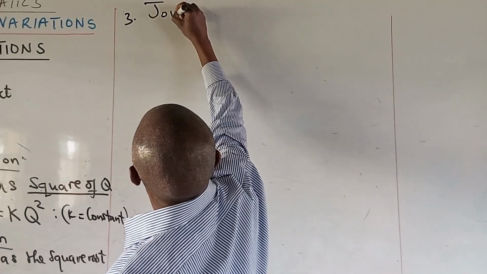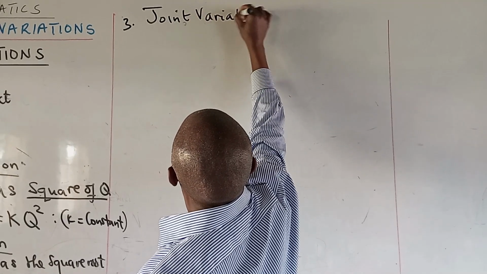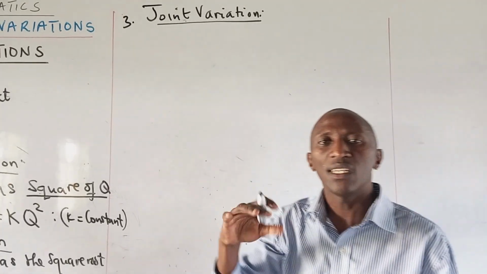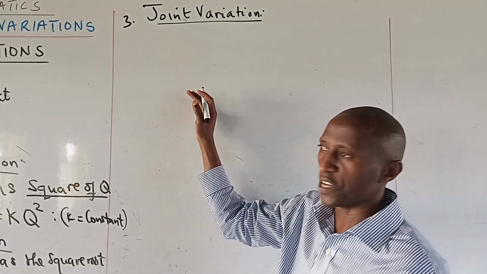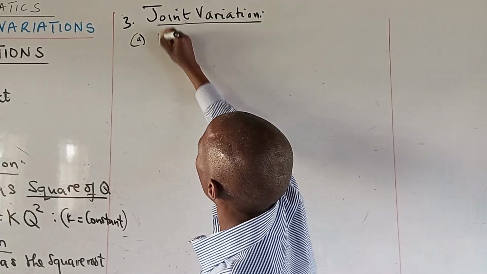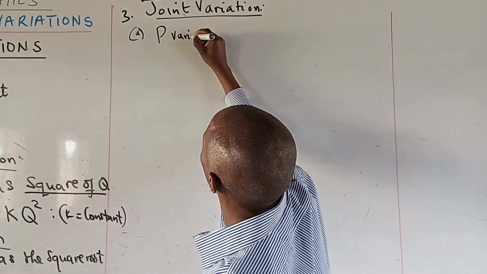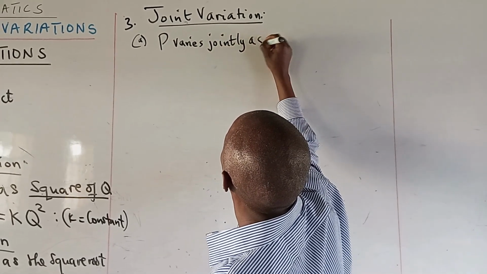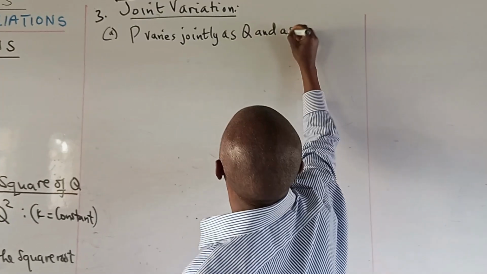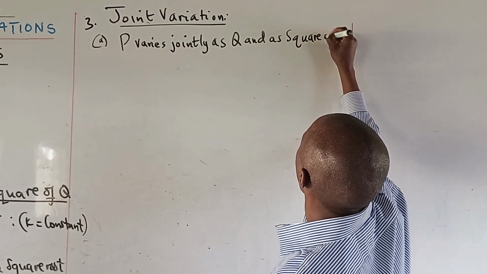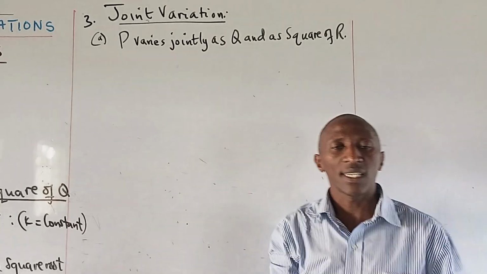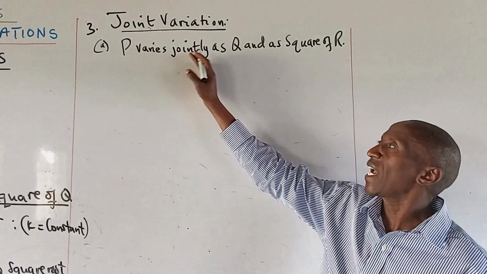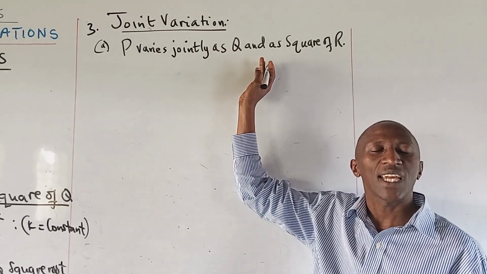In joint variation, we have 3 classifications that we can have. A, whereby we have P varies jointly as Q and as the square of R. Viewers, it is important to notice here that I have not given the direct commitment of whether it is direct or inverse.